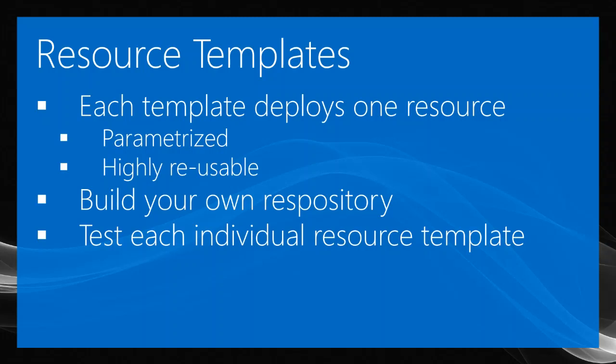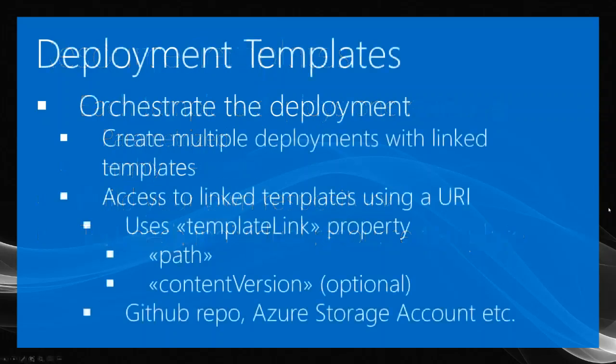Now, of course, that means if I create my resource template, I will need to test it properly to see if that resource that it should deploy really deploys. So we normally test the resource templates each individually. And once we have those, we go to the deployment template, which will then orchestrate the deployment.